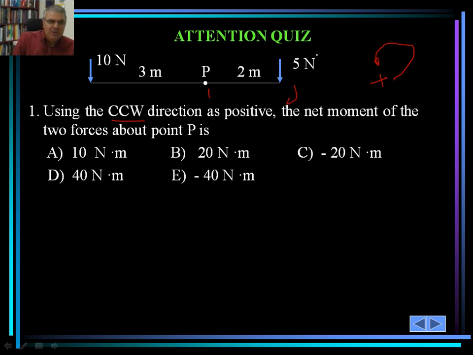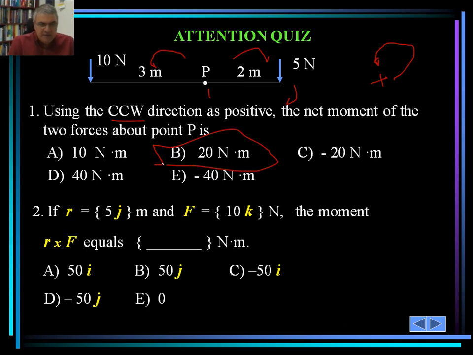This one has a tendency to turn it clockwise, and the 10 Newton has a tendency to turn it counterclockwise, right? So 10 times 3, 30, minus 10 would be 20. So the correct answer is 20 Newton meter.